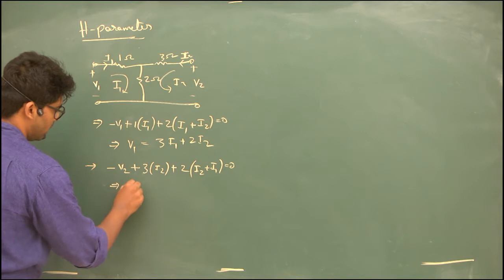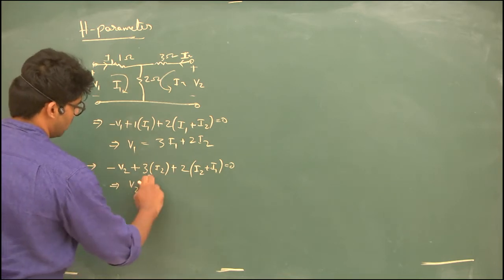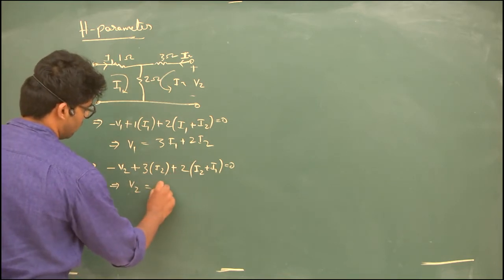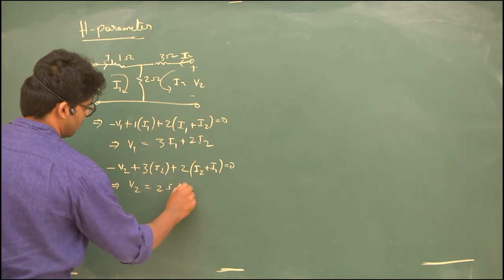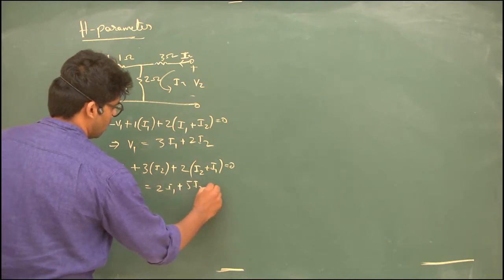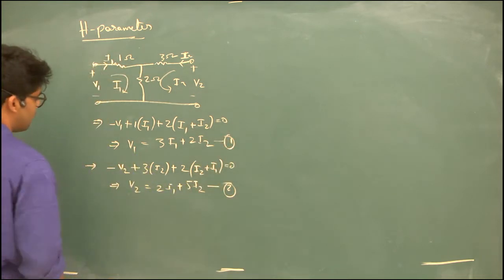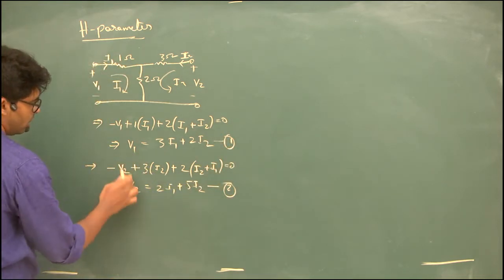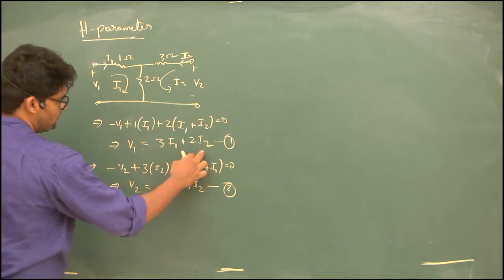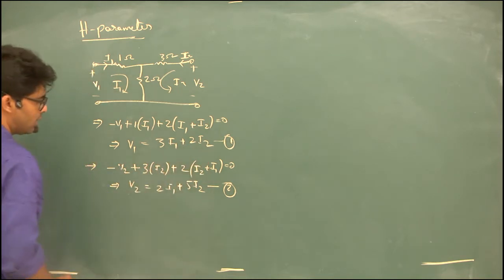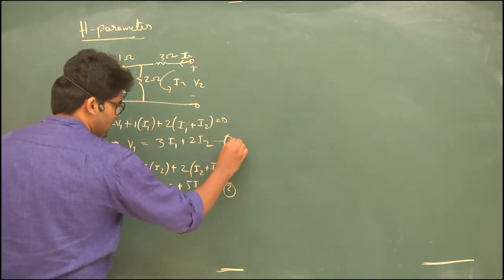Therefore, solving further, you will obtain V2 equal to 2I1 plus 5I2. So guys, these are the z parameters, where V1 and V2 are dependent variables, and I1 and I2 are independent variables.